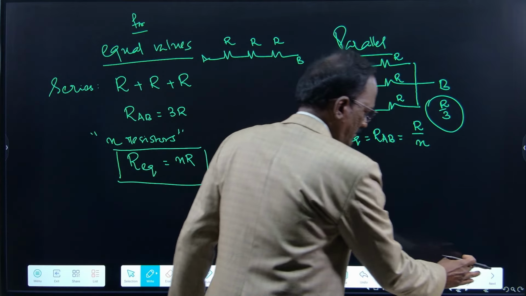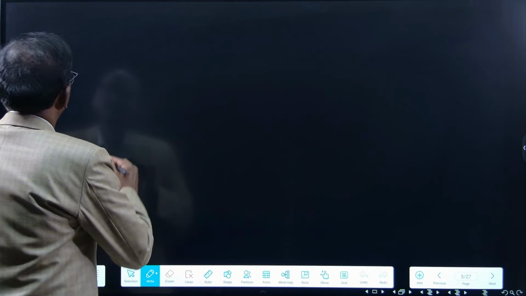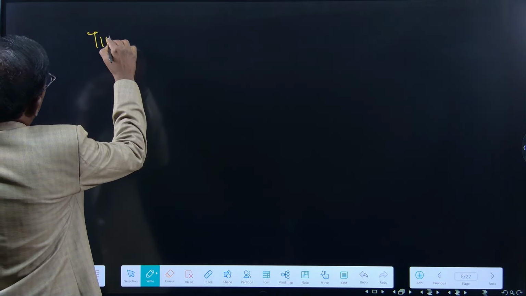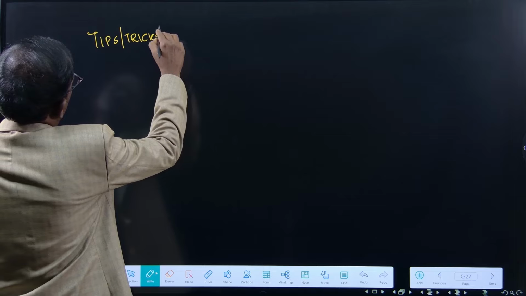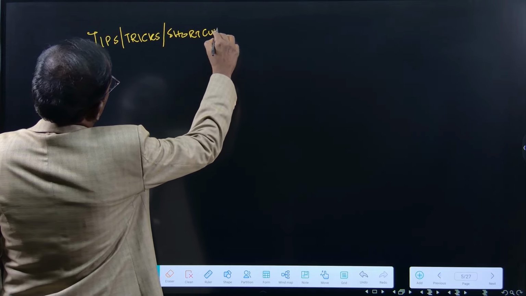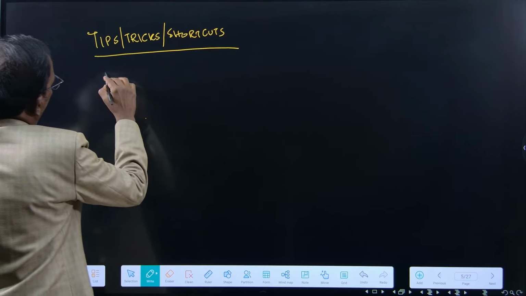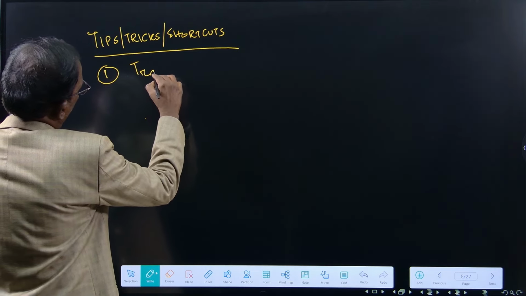Okay. Then some tips we will be using, tips or tricks or shortcuts. Point number 1: tracing the flow of current.